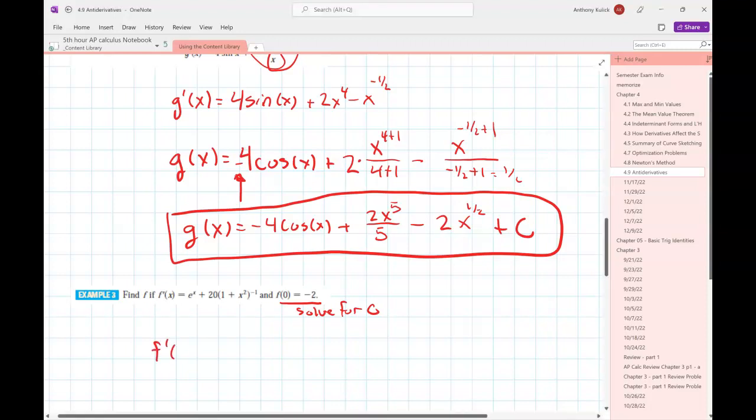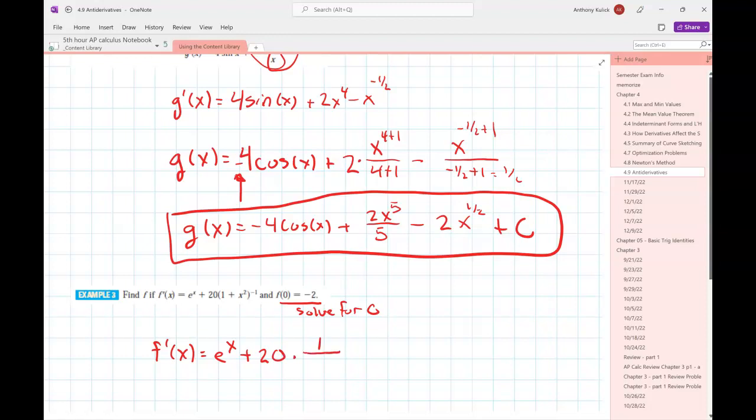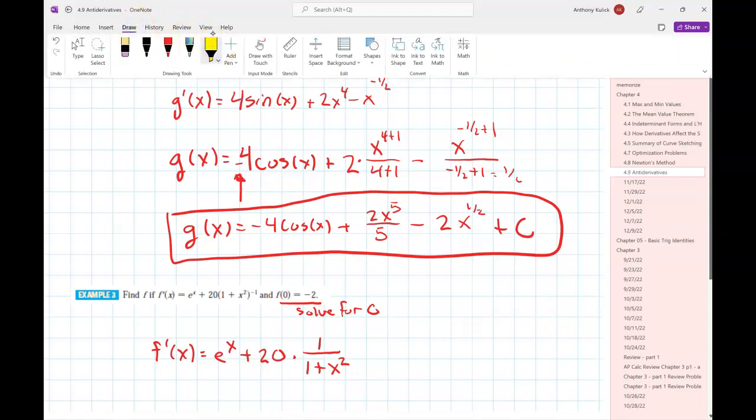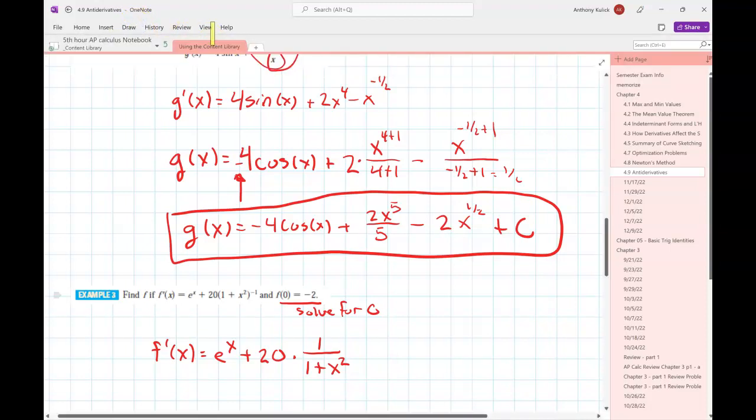All right, before I get going here, I'm going to rewrite this into a form that's a little bit more recognizable. Now, the way it was written originally, that looked like some kind of chain or quotient rule or something going on, right?